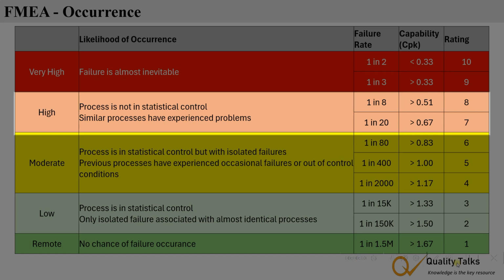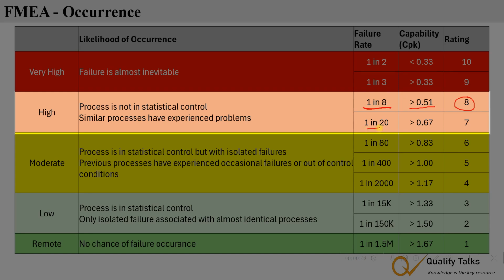Now let's discuss occurrence rating 8 and 7. Every one failure in 8 or process capability above 0.51 but below 0.67 calls for occurrence rating 8.